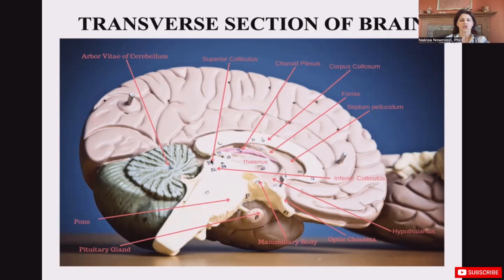Here I have superior colliculi, number 31, inferior colliculi, number 32. Collectively, there are four structures. They're called corpora quadrigemina. Here I'm looking at pituitary gland. This is pons. This is mammillary body. This is optic chiasma, hypothalamus, and thalamus.